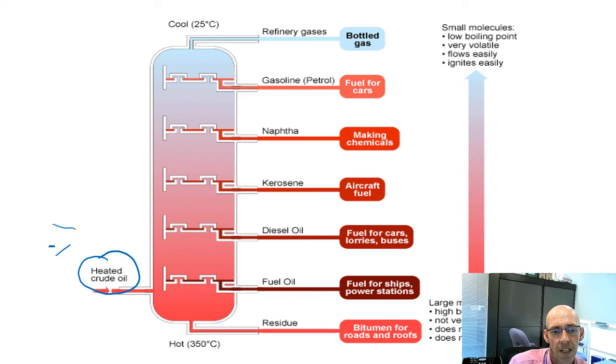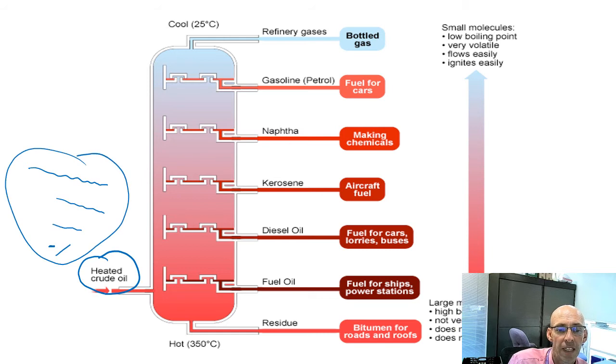Maybe that's 10 carbons, maybe that's 16 carbons, maybe that's 20, maybe that's 150 carbons. All these different length chains, when they're heated, are going to turn into a gas. So what happens first is we turn all of crude oil into a vapour, into a gas. We vaporise it, and it all passes into here.